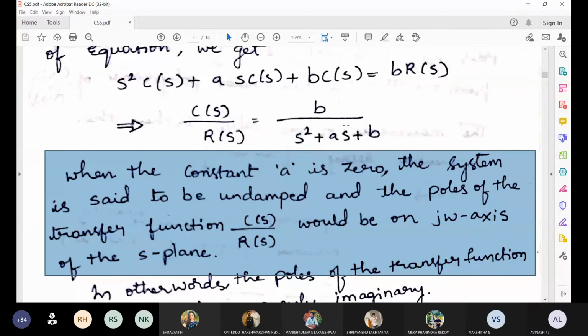So a is 0 means there is no damping effect on it, an undamped system. That is exactly the meaning. So when the constant a is 0, the system is said to be undamped and the poles of the transfer function C of s divided by R of s would be on the j omega axis of the S-plane.